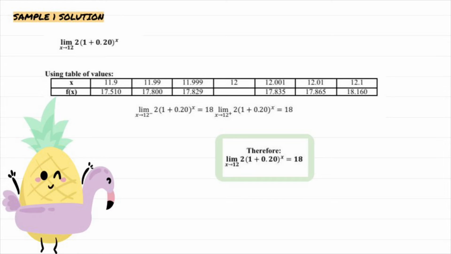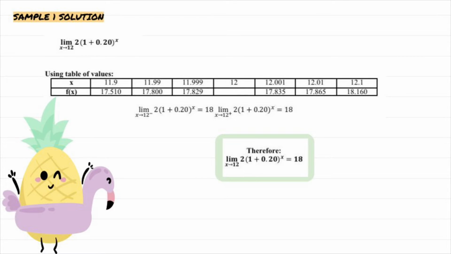And then what we have to do now is get their corresponding y values. So if we go over to the calculator, we are going to type in our function, which is 2 multiplied to the quantity of 1 plus 0.20 raised to the power of x. Here we simply have to substitute the x with our values on the table.